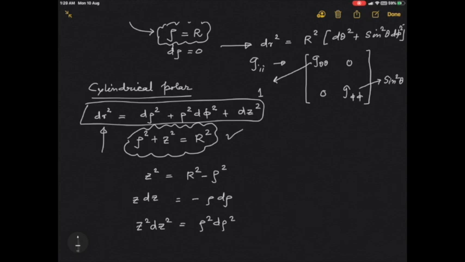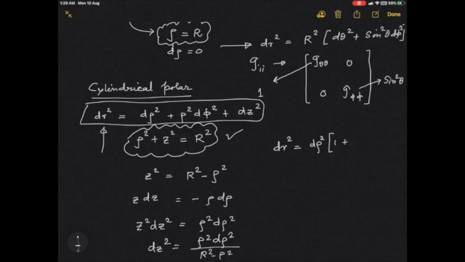If I use this, then you see that dr square now becomes, I get d rho square from here, 1, this is the contribution from that. Dz square now becomes rho square d rho square by z square, which is r square minus rho square. You can simplify it, that's up to you. Plus rho square d phi square.